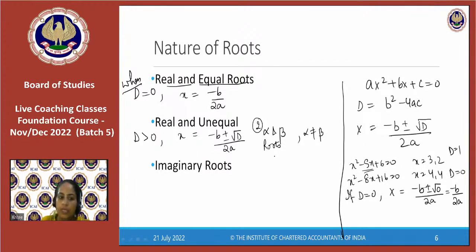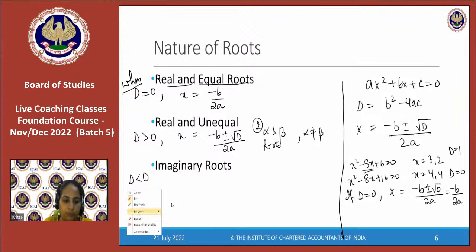Okay. Then when the discriminant is less than 0, somebody was asking me what will happen if your D is negative. I told you in the very beginning, there is one kind of logic here.